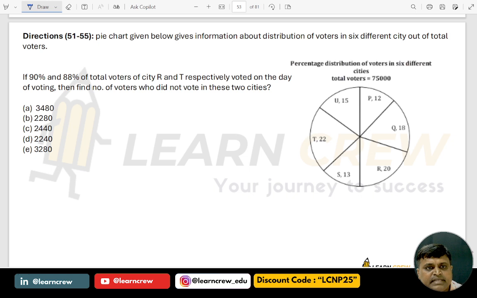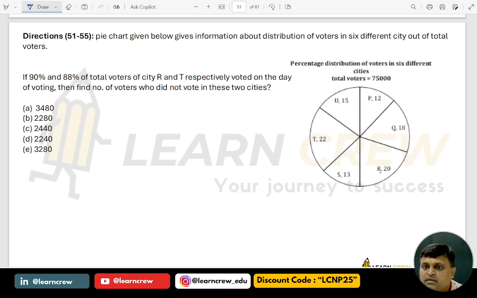If 90% and 88% of total voters of city R and T respectively voted on the day of voting, find the number of voters who did not vote in these 2 cities.